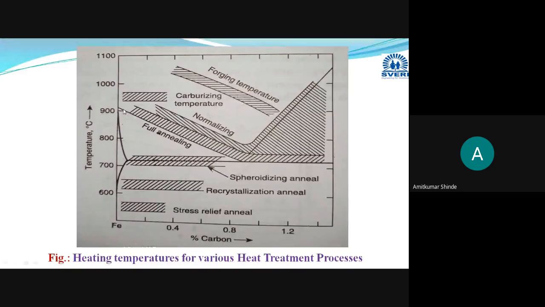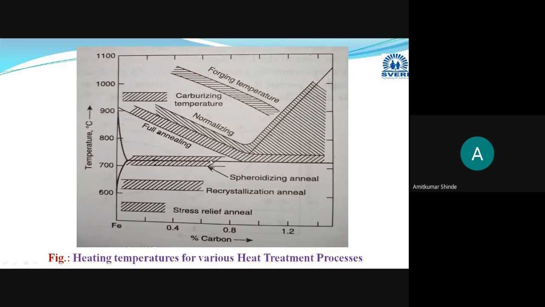This inclined line is the A3 temperature line. And this inclined line, please see the movement of the cursor, is the ACM temperature line. This is A3 and this is ACM, and this horizontal line is A1.